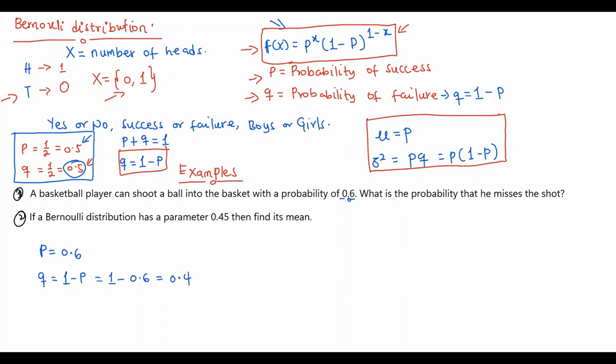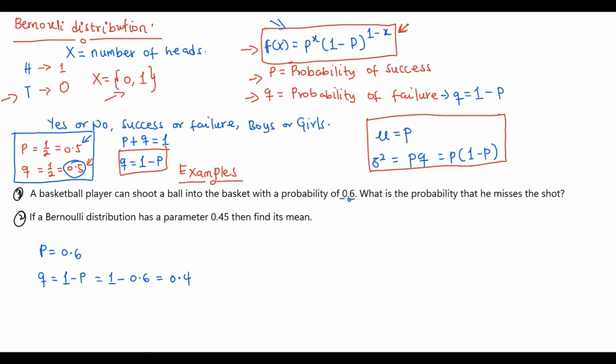Now let's solve this example using the probability distribution function. Let's consider the probability of success, which is the probability of the ball being shot into the net, to be 0.6. Either the basketball player is able to shoot the ball into the basket, or he is not.